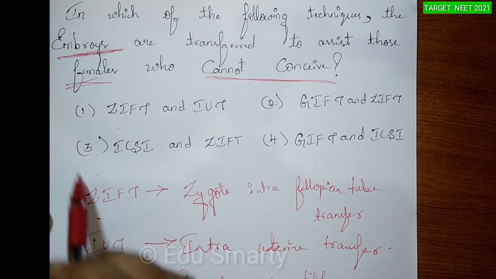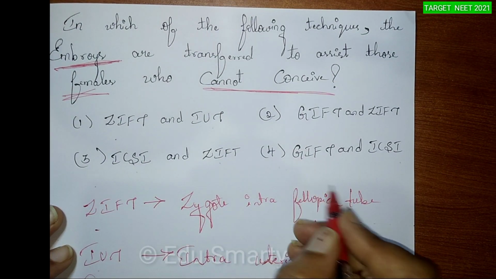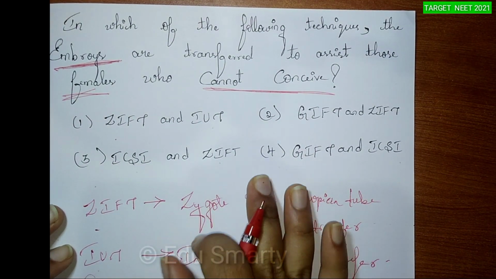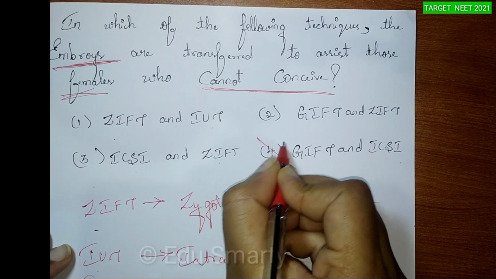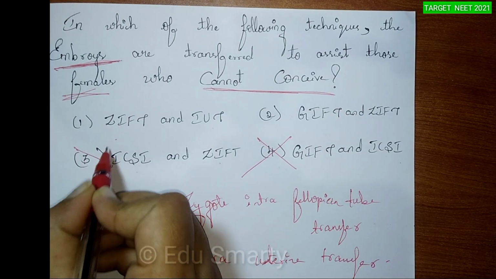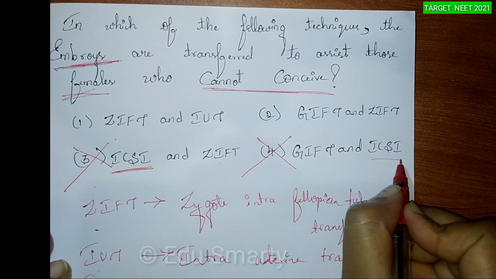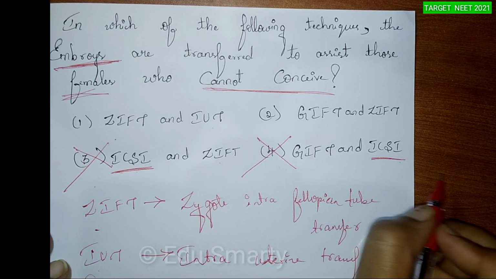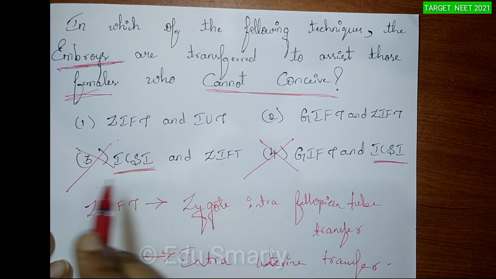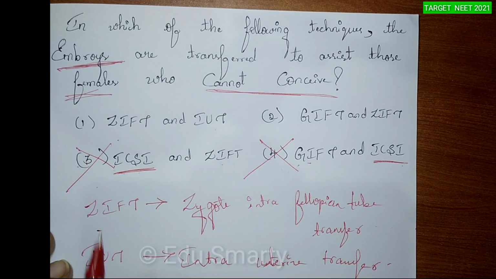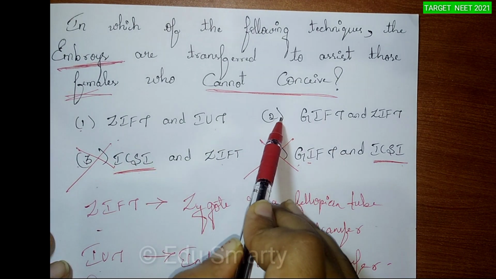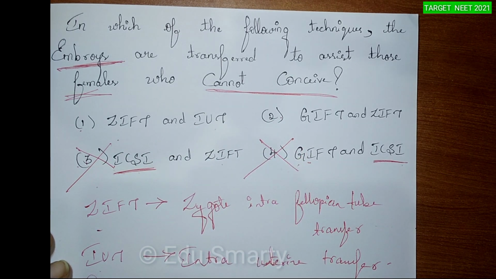Among these options, those which have ICSI are not our correct answer, because it is used to treat the infertile male. You are asking about females, so these 2 options are not our answer. So among option 1 and 2, our answer is there.